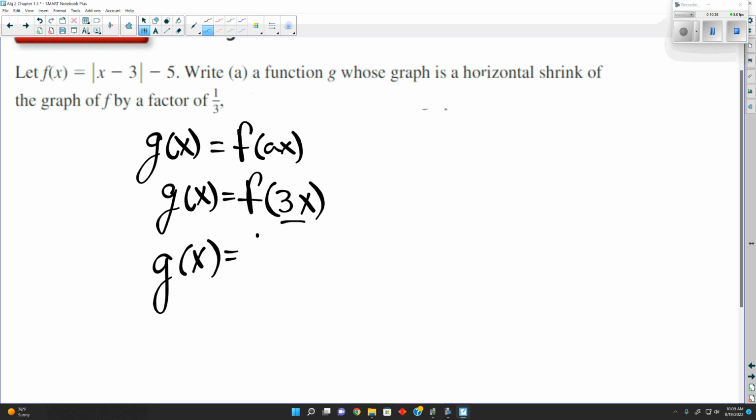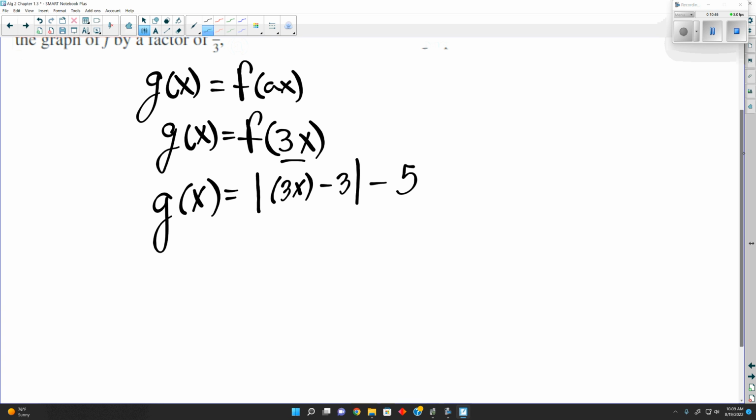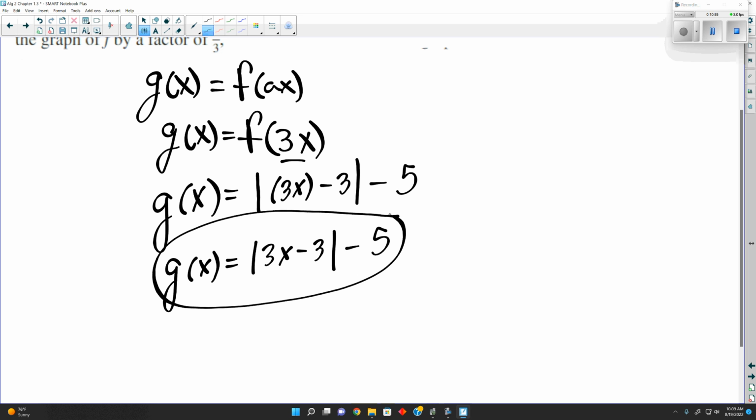So we'd have the absolute value of 3x minus 3 minus 5, and that would be it.